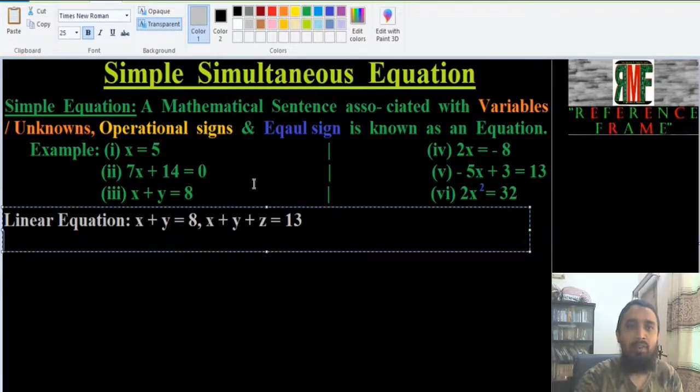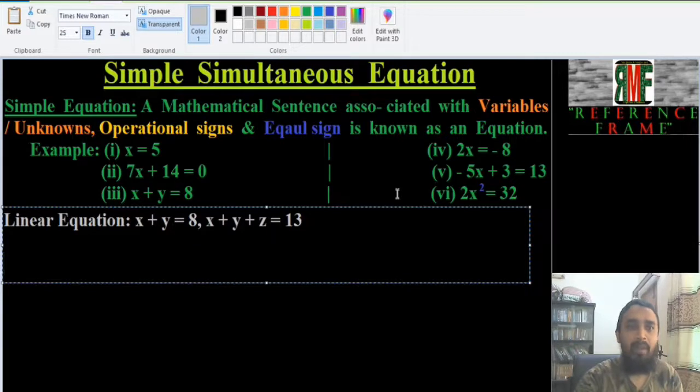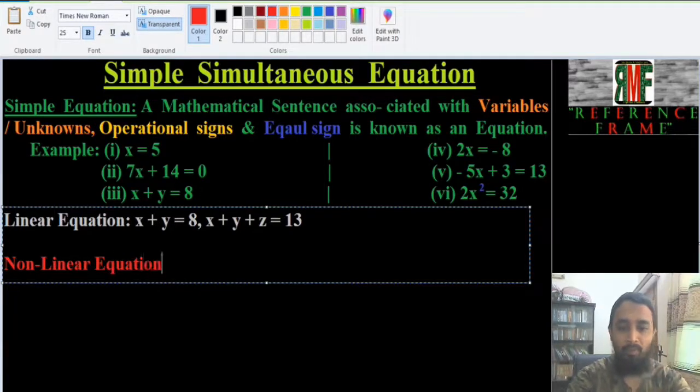But for non-linear, look at the non-linear equation, as you can see here, 2y x square is equal to 32. Here the index is 2, so this is non-linear. If I write down xy is equal to 8, this is also a non-linear equation. If I write down yz is equal to 15, this is also non-linear.